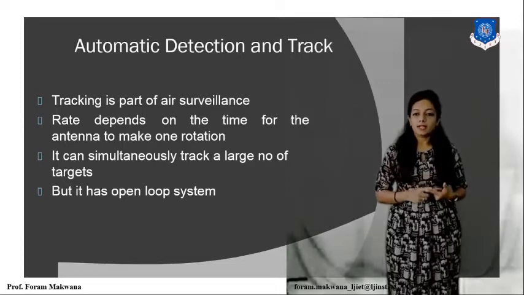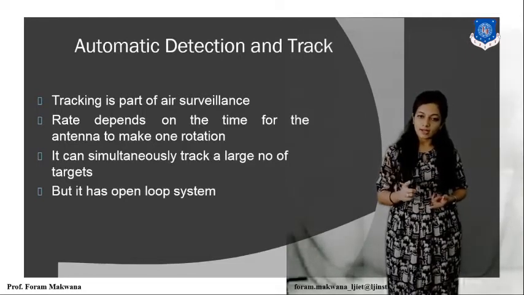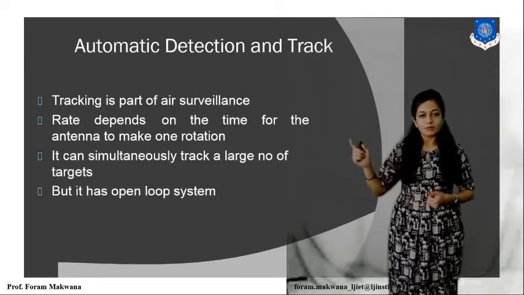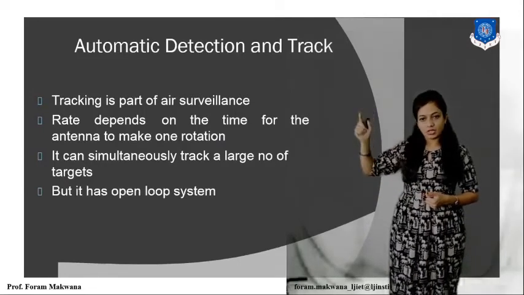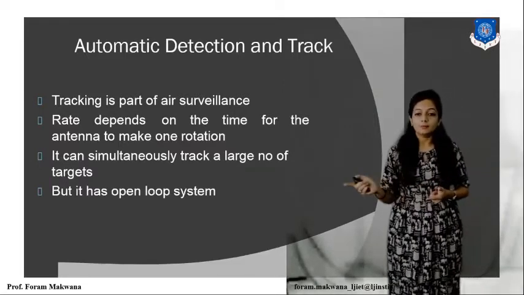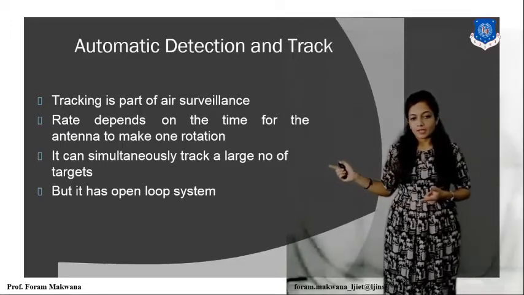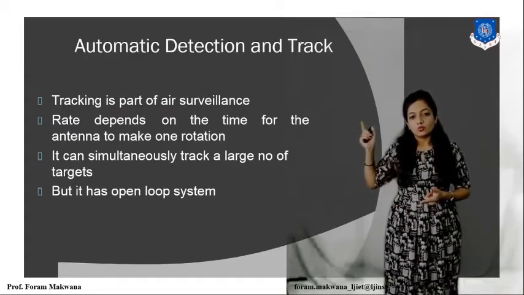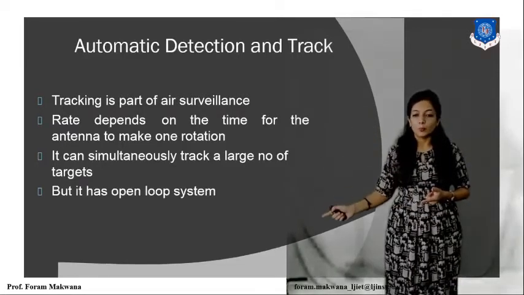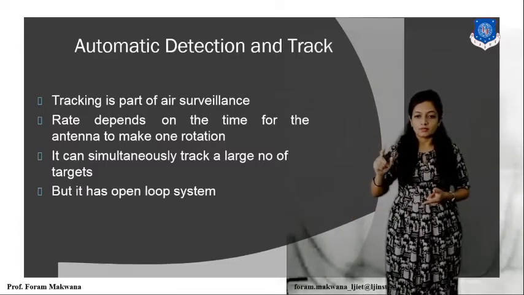In single target tracking, we are only able to track a single target, but with the help of automatic detection, we are able to track multiple targets at a time. That radar uses an open loop system, whereas earlier we used a closed loop system.